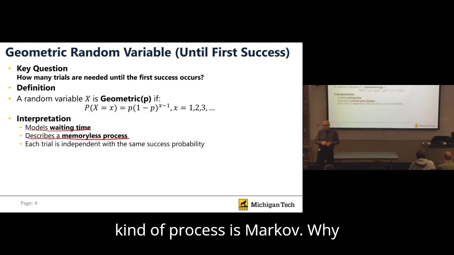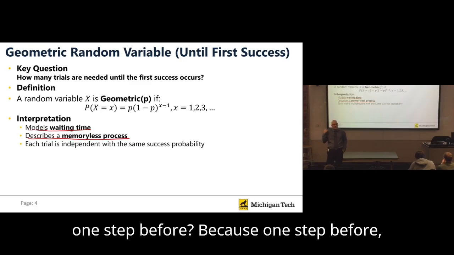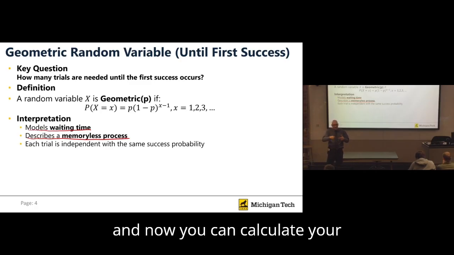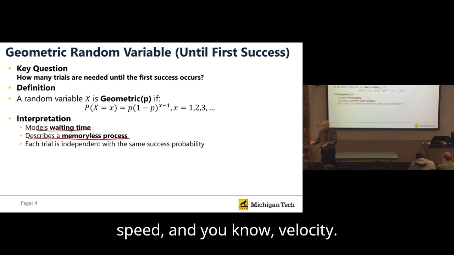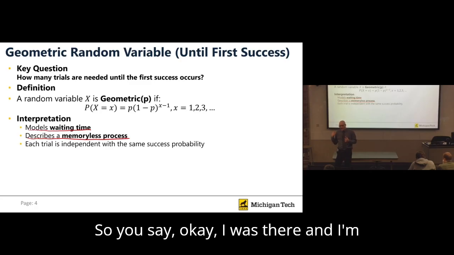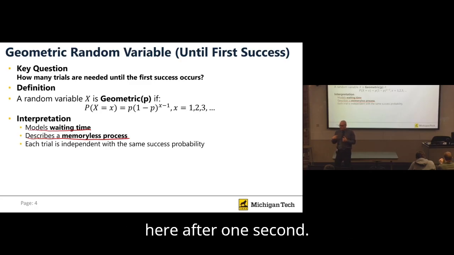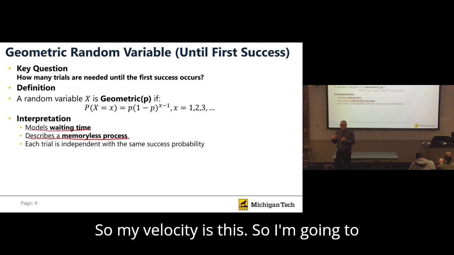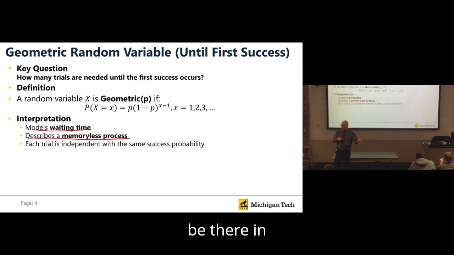So that kind of process is Markov. Why one step before? Because with one step before and now, you can calculate your speed and velocity. So you say, okay, I was there, and I'm here after 1 second, so my velocity is this, so I'm going to be there 1 second later.